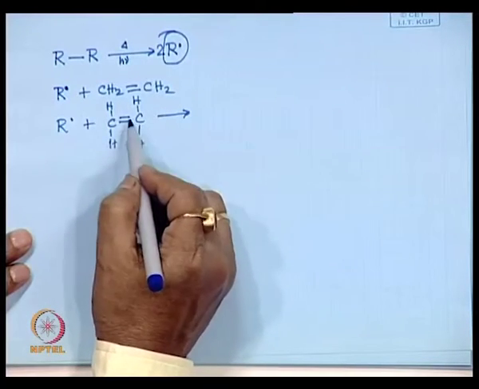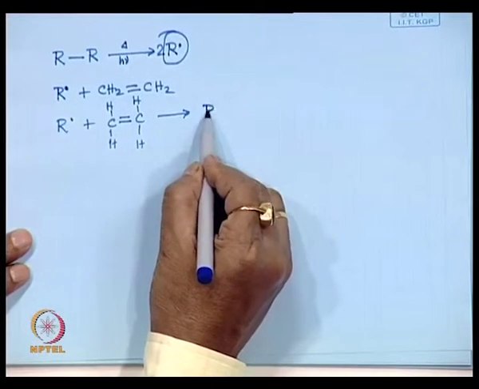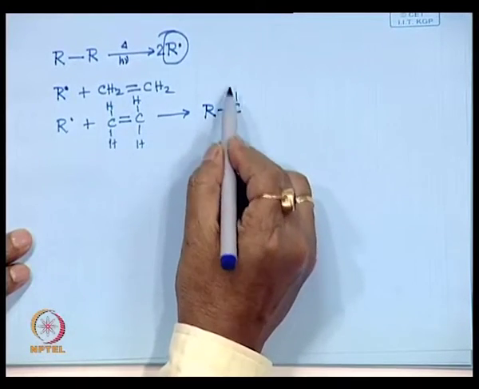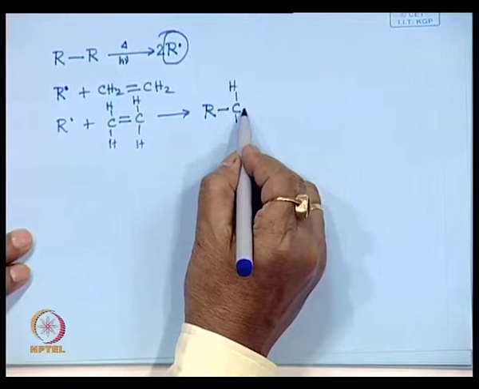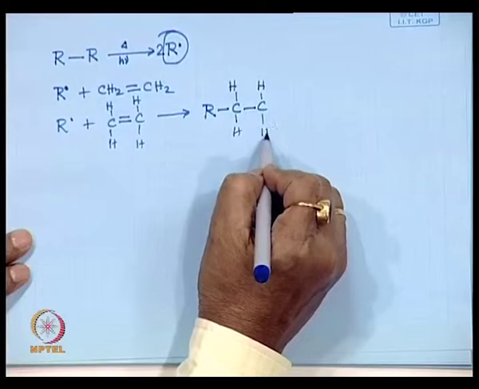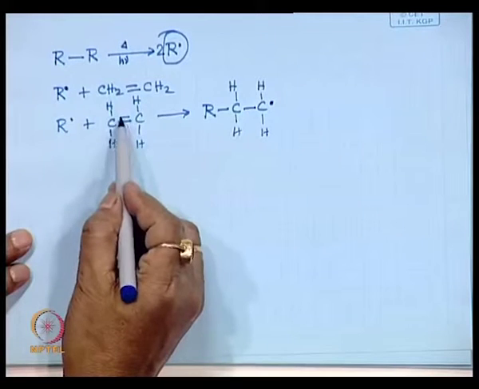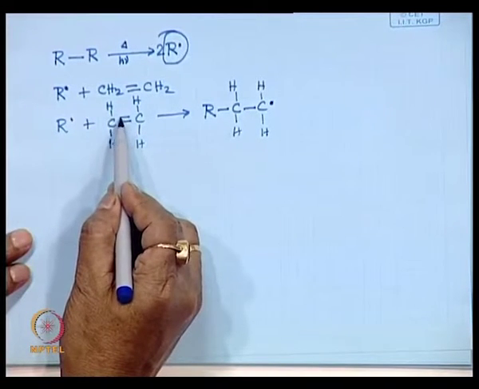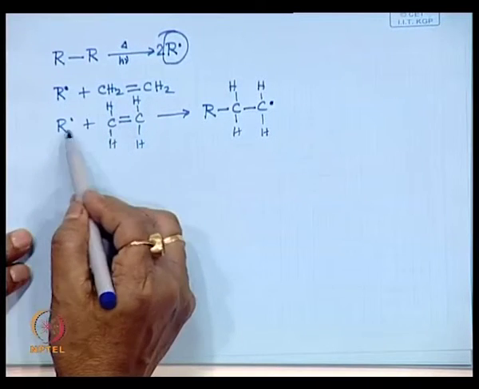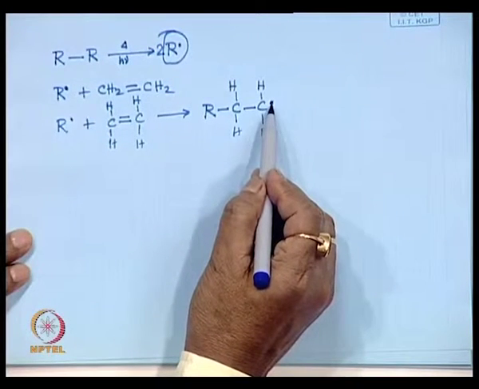That will initiate to open this pi bond, forming a bond with this monomer molecule, leaving behind a free radical at the end of this carbon. That means, of the 2 electrons present in this pi bond, one will be used by this radical to form a bond like this, and another radical will be created over here, it will remain there.